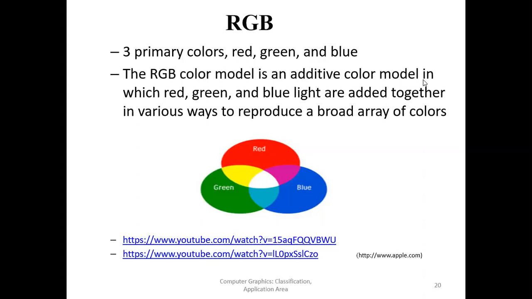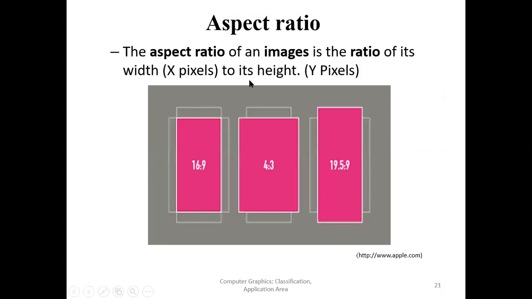Why? Because by mixing three primary colors, you can produce all other colors. Now we will see another video that will explain what RGB is and how RGB works. But before going to the video, I want to cover another slide that is called aspect ratio.